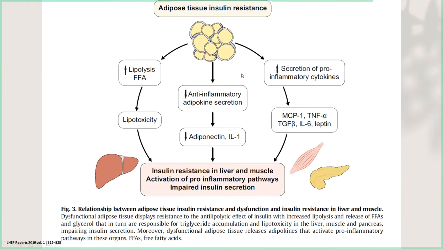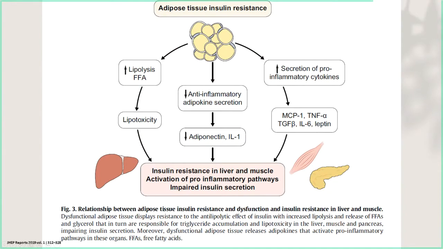And then what we find is that in obese individuals, and particularly in individuals who have NAFLD and progress to diabetes, you have adipose tissue insulin resistance, which increases lipolysis and increased free fatty acids being delivered to the liver, which in turn causes lipotoxicity.